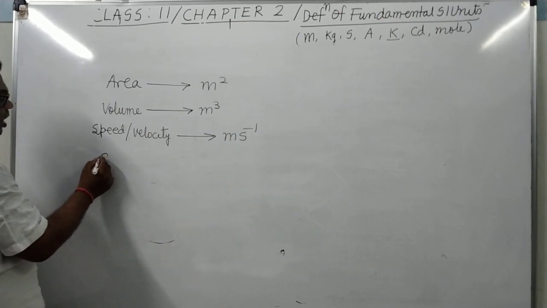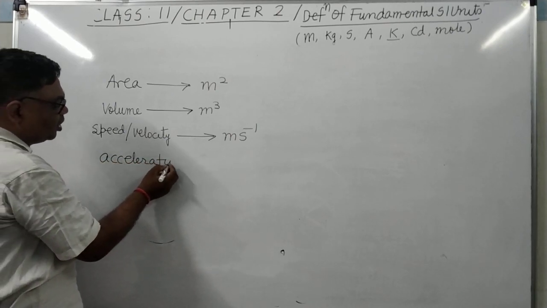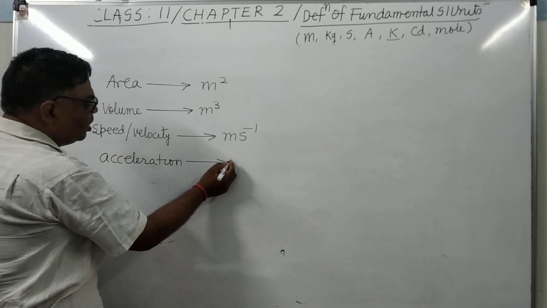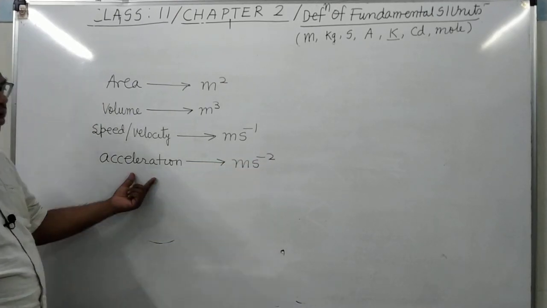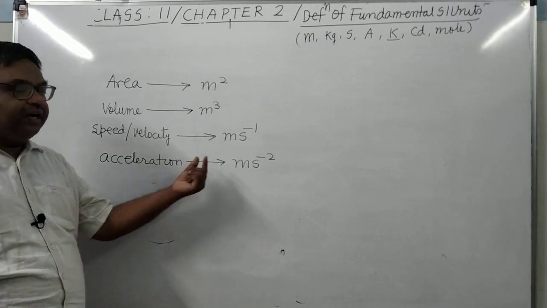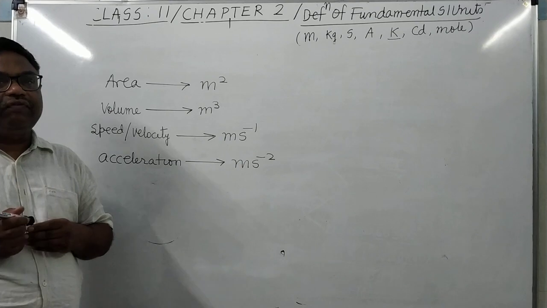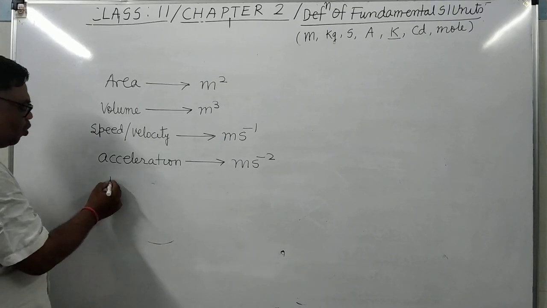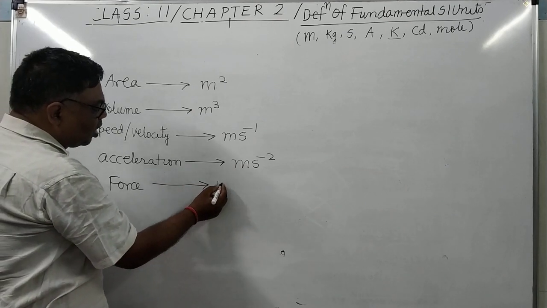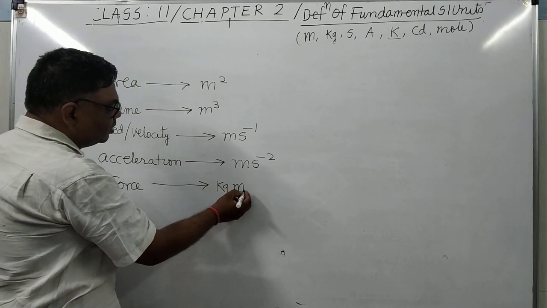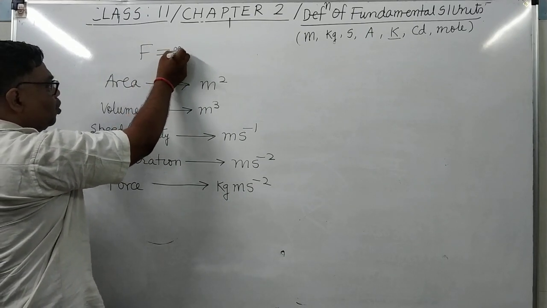Then acceleration. As you know, the unit of acceleration is meter per second square. It is also a derived quantity. This can be found by dividing the unit of length twice by the unit of time. Then force is kilogram meter per second square. I have already told you F equals m into a.